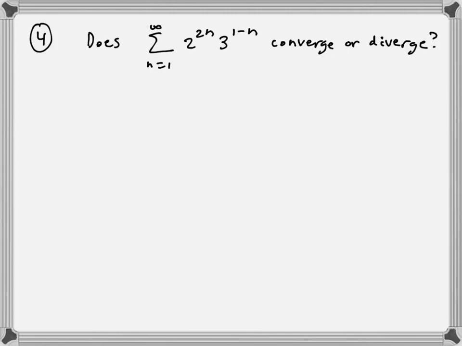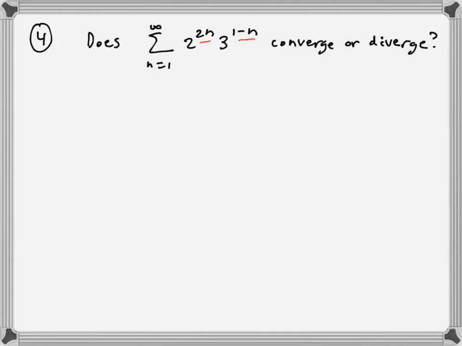Because of the way that it's set up. Now, there are a couple of ways of doing this, but what I would like to do is to just try writing down a few of these terms so that we can see the pattern. Because we do see n's up here, and when you do see n's up as an exponent, it means it probably is geometric. We just need to make sure we write it the correct way.